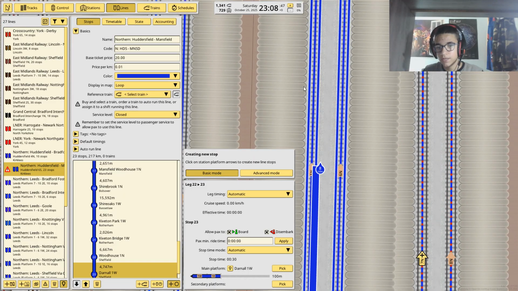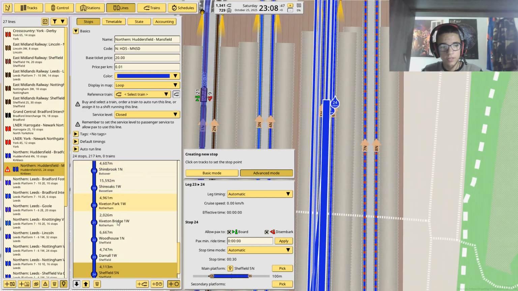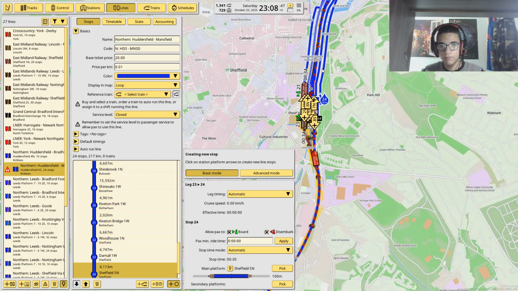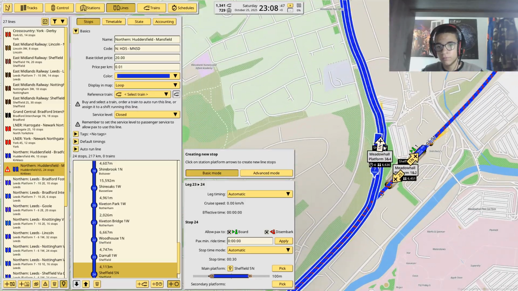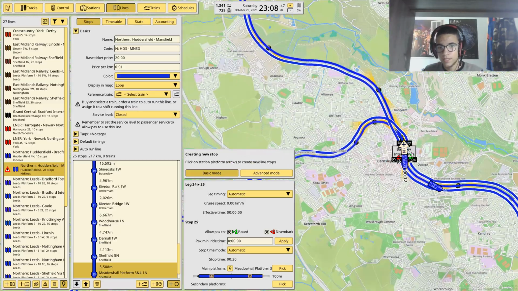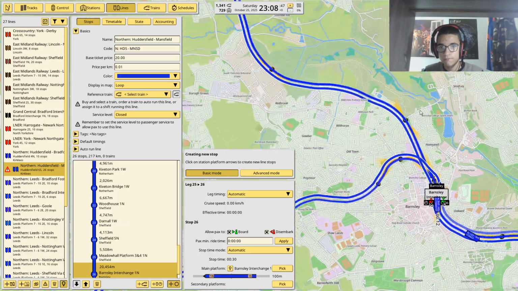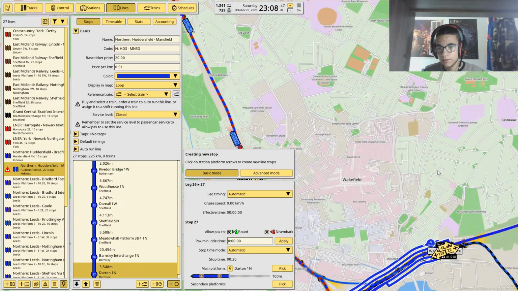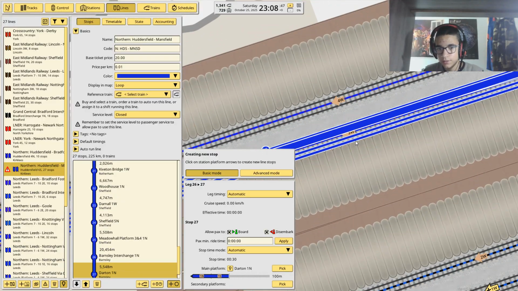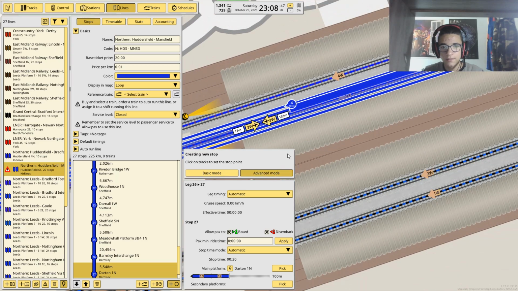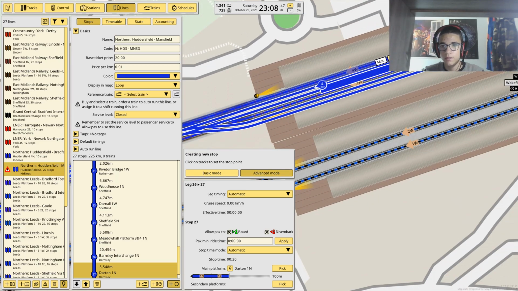We're going to use the same exact platform as well, and then we're just going to go back, Meadowhall, Barnsley, Darton, Wakefield Kirkgate. Actually, no, we'll do platform 1 this time, or platform 2.